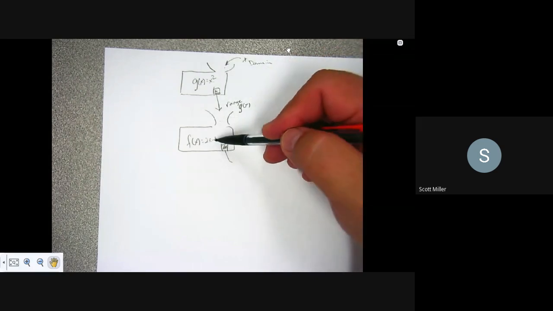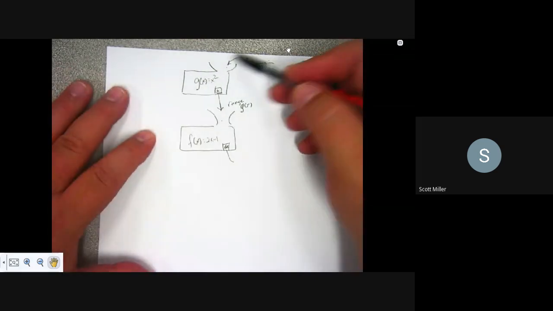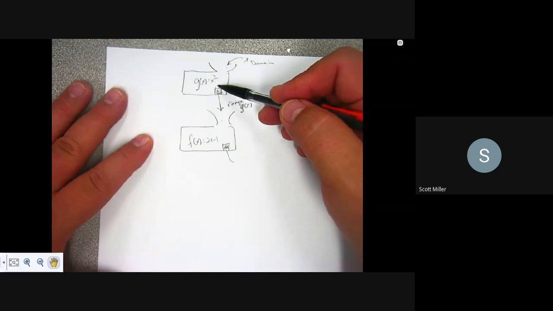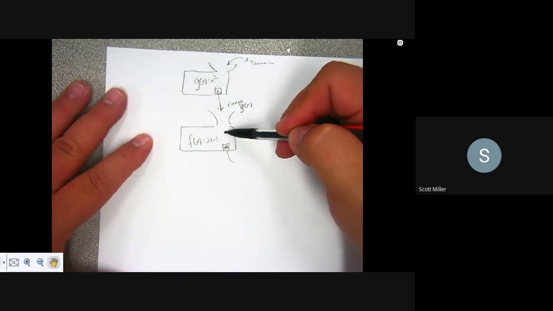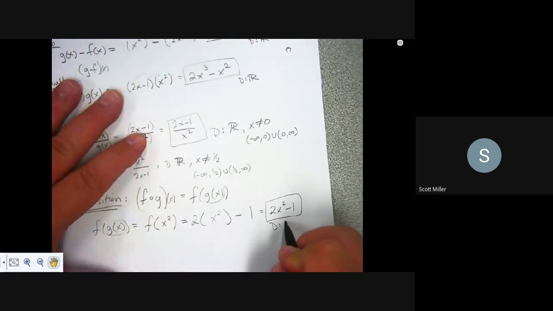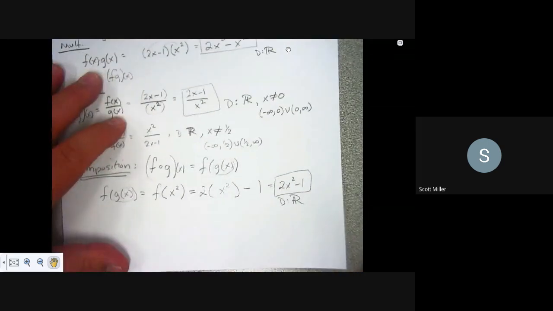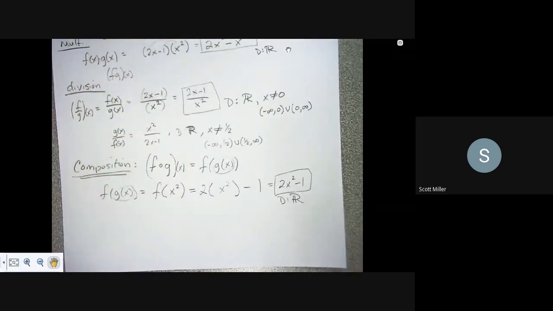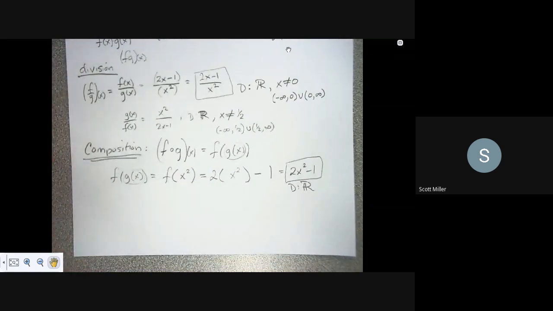It was fine. So since I can plug in all the real numbers to this one, and this one will accept all real numbers, then my final answer will have all real numbers also. So the domain of this is also going to be all real numbers. It is not always that way. We have to walk through it. I'm going to show you some illustrations of ones that are not, and I'll show you why in just a moment. But that's what composition is.